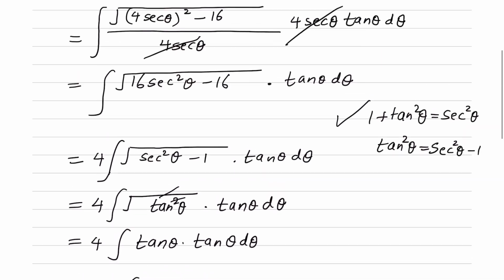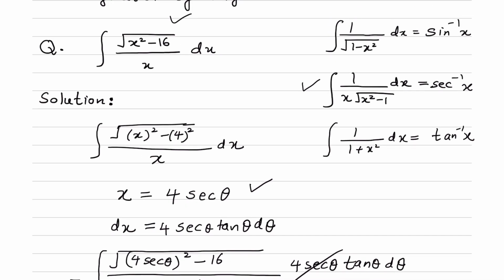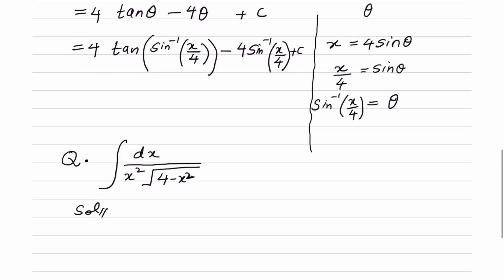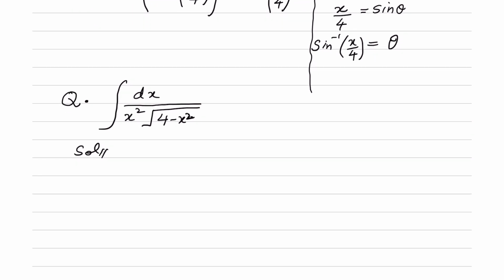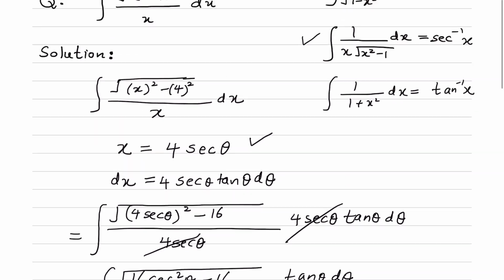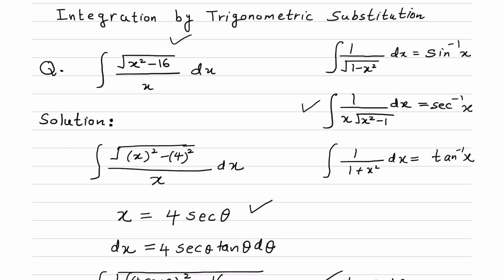Let's look at the three formulas. So on the right hand side, you can see the three formulas. We have to see the similarity for given question with these three situations. So our actual question involves square root, and inside the square root the constant, which is 4, is written first. Our question involves square root, so it means it's not the third situation, because third situation is without the square root.